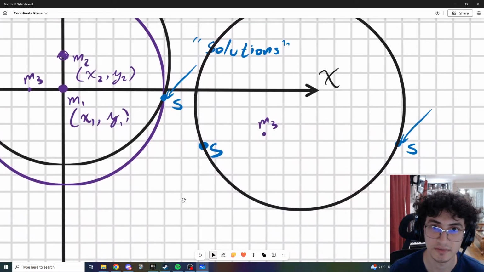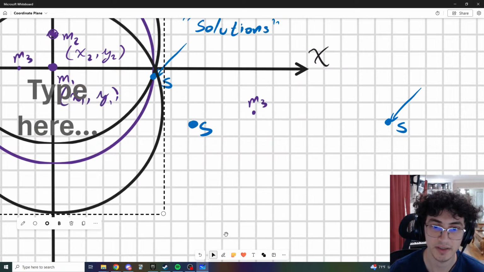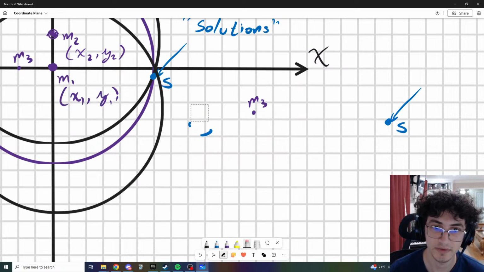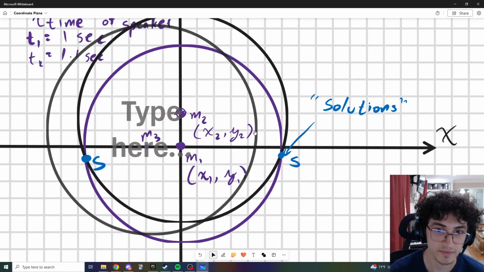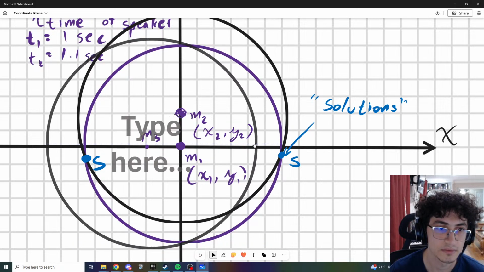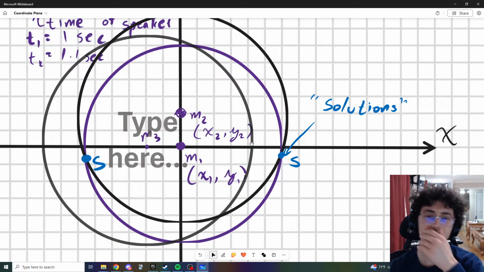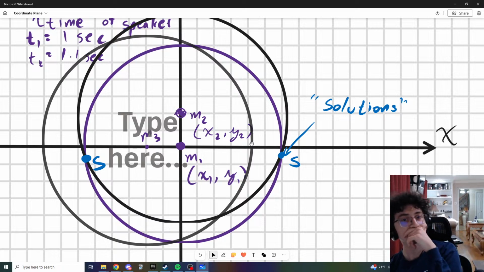I'm not enjoying this. Maybe I should just use paint.net or something. I didn't want all of that, I just wanted the circle. All right, so let's center it around microphone 3. I guess that's impossible. That doesn't make sense. Why is that impossible?